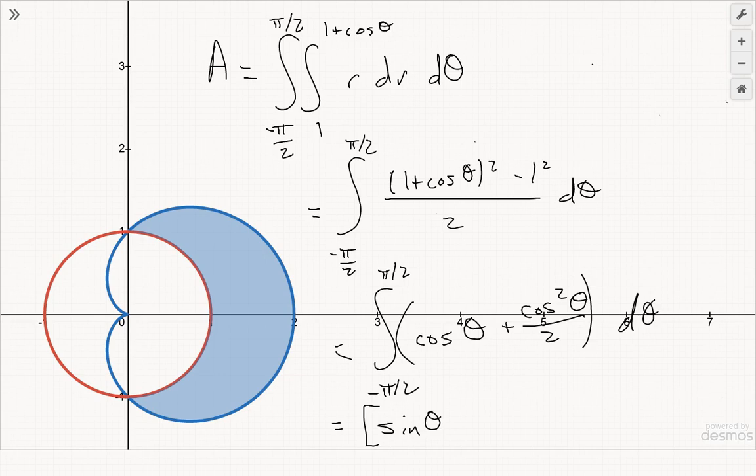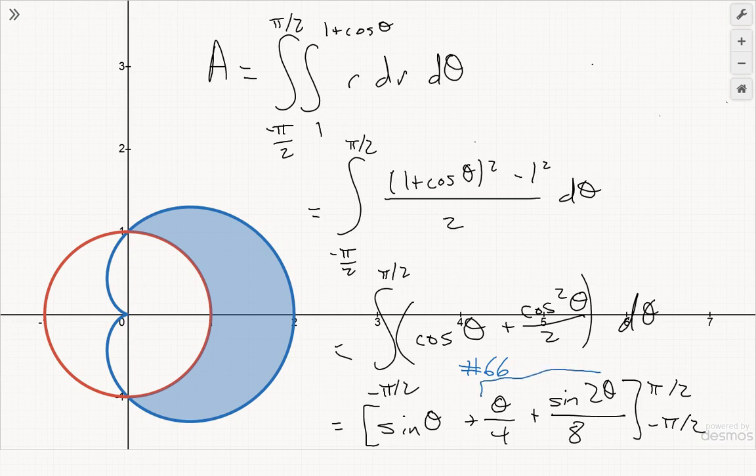And so this is sine theta, and then using number 66 from the table of integrals at the back of the book, this will be plus theta over 4 plus sine 2 theta over 8 at pi over 2 and negative pi over 2. So this is the indefinite integral of this part.